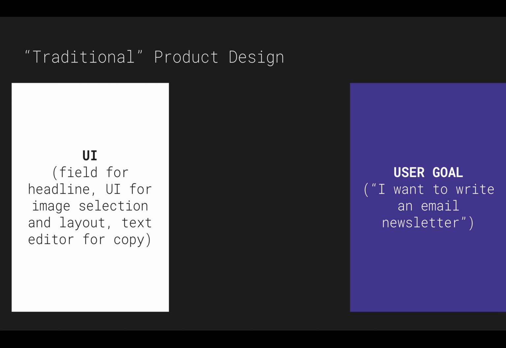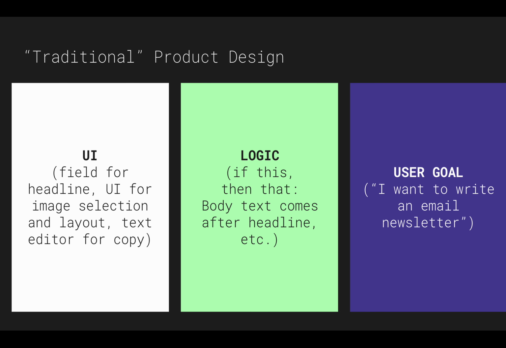Maybe we do some research to redefine or narrow down that goal. But then we create a UI based on that goal. So you want to write an email newsletter? Well, we're going to need a field for the headline and a field for the body copy. Maybe in that body copy you can place images, or maybe we separate the images into their own sections. Then you work with your product team to define the logic in the center, right? So if this, then that.